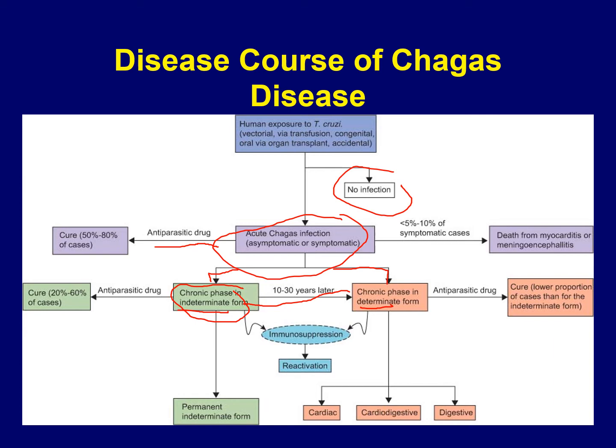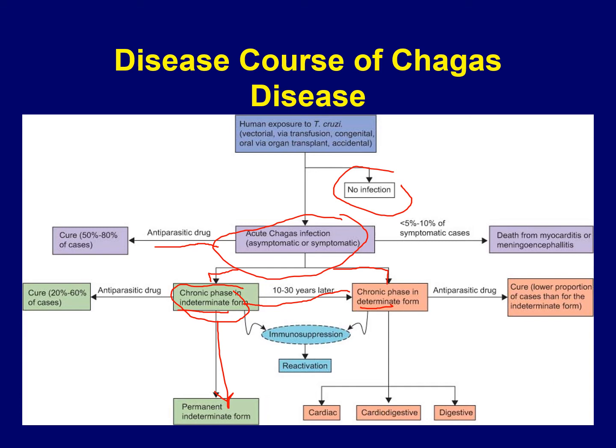And patients with the determinate form of chronic Chagas disease are typically middle-aged. They've been infected when they were young, and it's only 10 to 30 years later that symptoms develop. There are some patients who may live the rest of their life with a permanent indeterminate form, and we can only detect these patients by seeing if they have Trypanosoma cruzi in their blood.